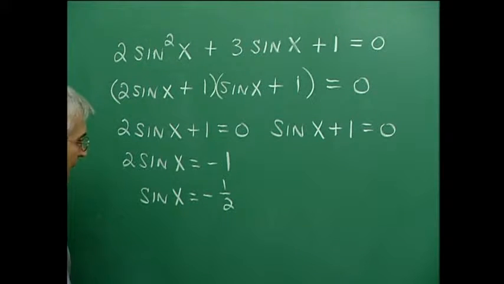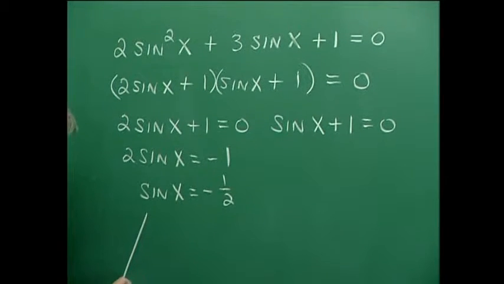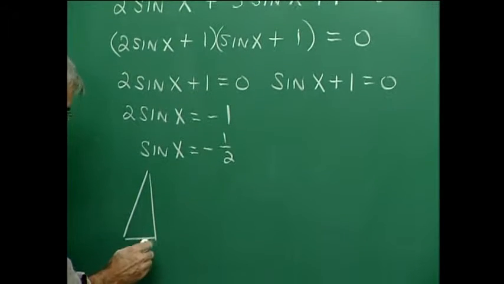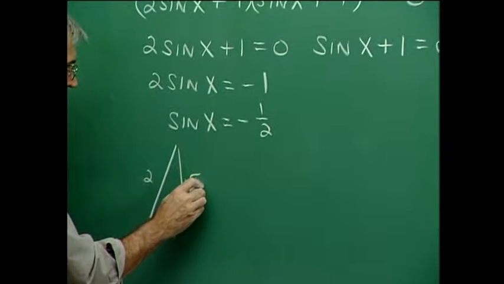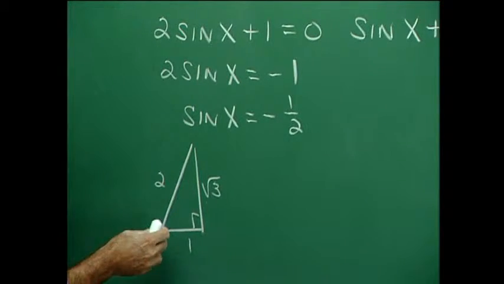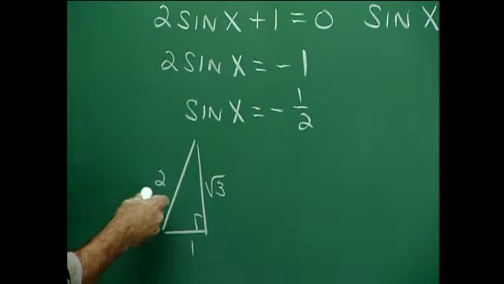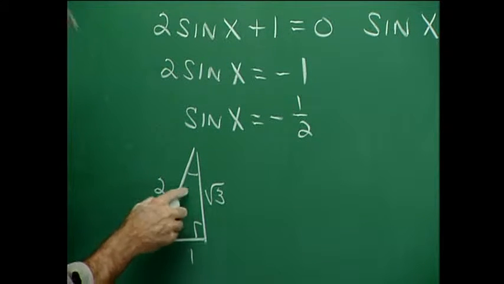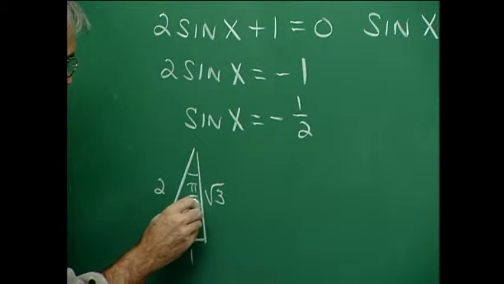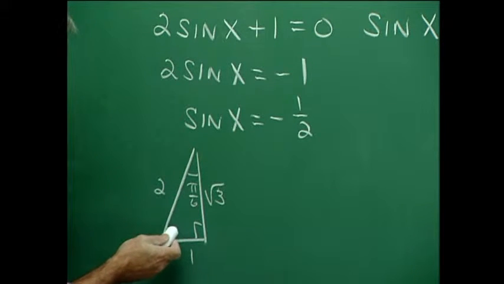For 1/2, we're thinking maybe this way. Remember the 1, 2, square root of 3. And sine is opposite over hypotenuse. So from the perspective of this angle, we have a 1/2. 30 degrees, or pi over 6. So we have an angle of pi over 6.